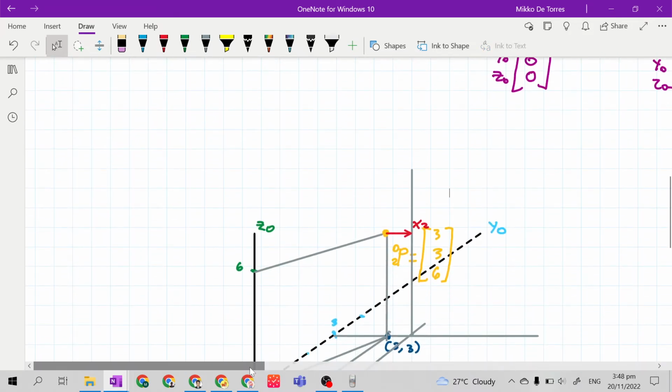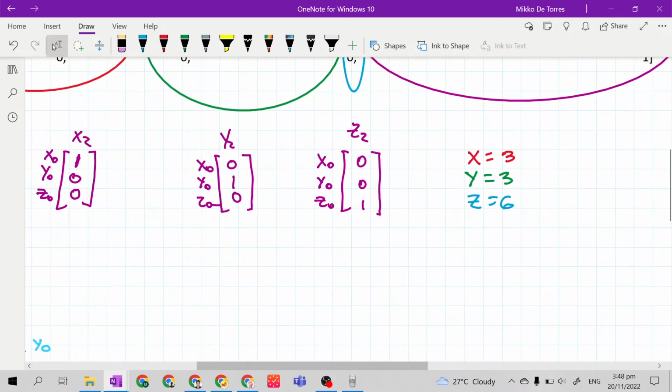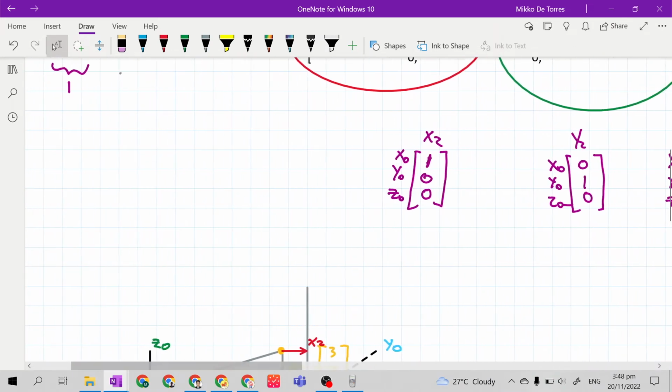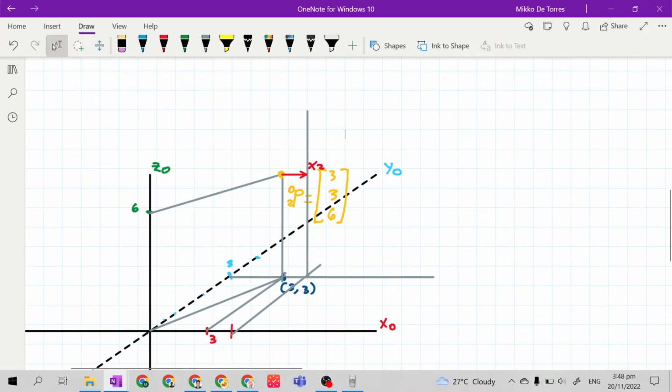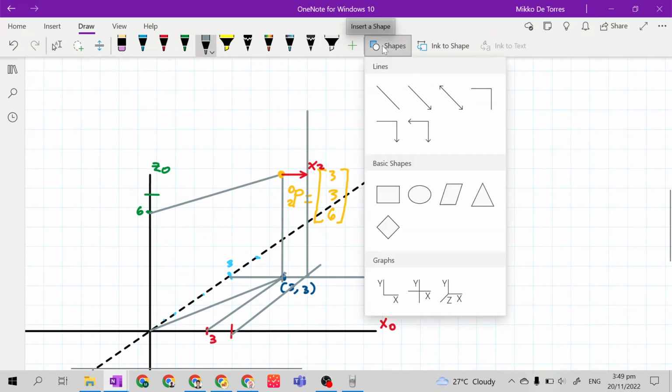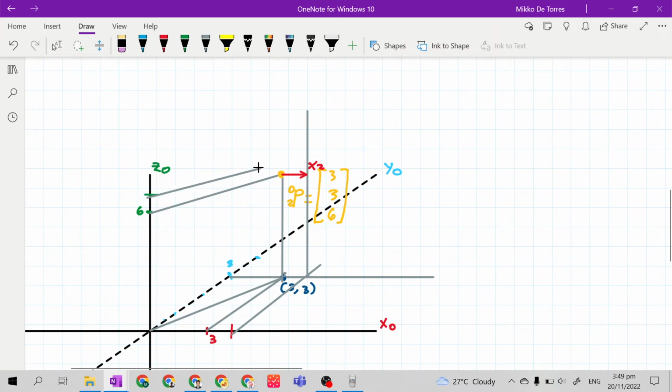Let's go to z sub 2. Okay, so z sub 2 is only projected at save sub 0. What that means is we will add another unit after the position at the z-axis. From this added unit, we will also draw another line.